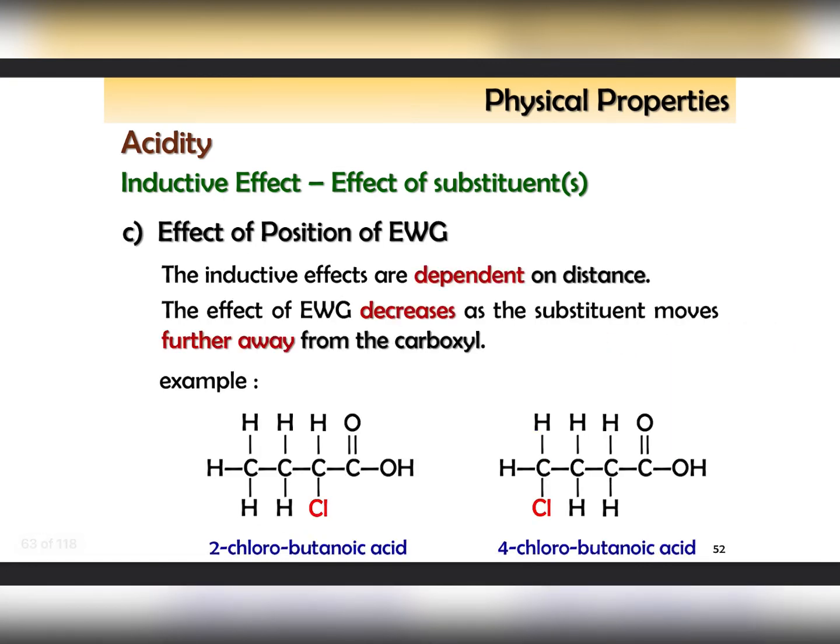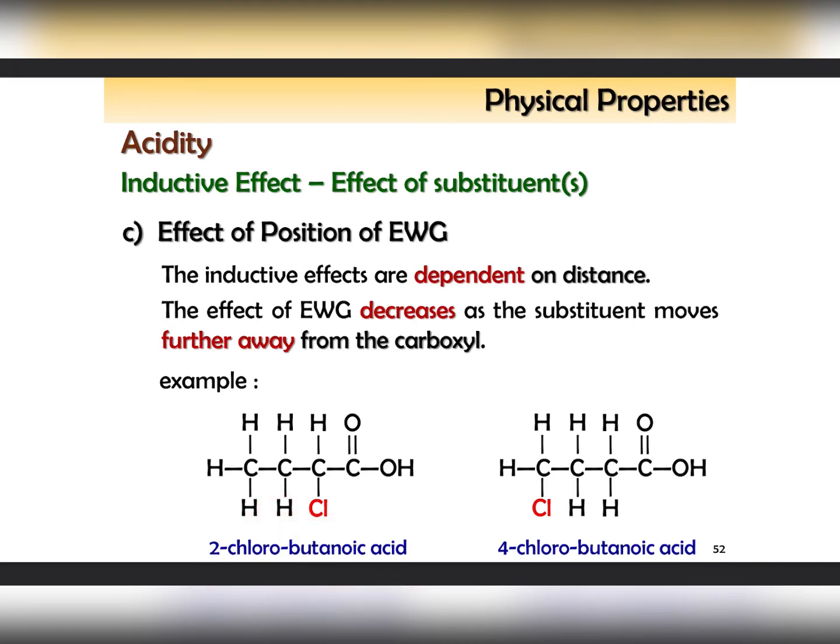Kita akan tengok the effect of position of electron withdrawing group. Okay, so position of electron withdrawing group pun akan mainkan peranan. So the inductive effect is dependent on the distance. Okay, kalau electron withdrawing group tu dekat dengan COOH, okay, dia akan lagi kuat menarik electron density toward Cl atom.